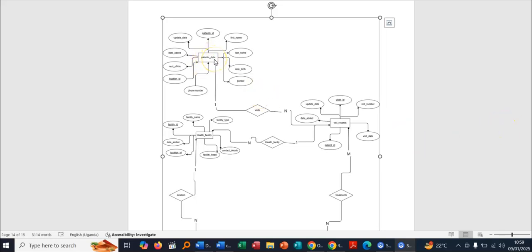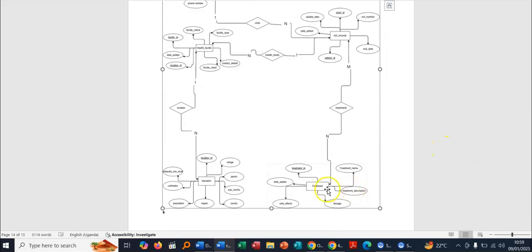Previously we had entities like the patient's data and the visiting records of the patient, the health facility, and the treatment of the patient after paying a visit, and the location of the patient.